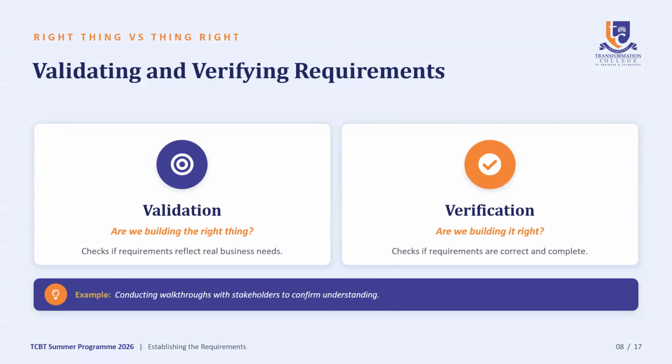Now, validating and verifying requirements, right? For validation, the question is, are we building the right thing? Right? You want to check if your requirements reflect the needs of the business, right? That you are not just building a solution that is going to end up not being useful. And that's why interviews, interactions, observations are very important, right?